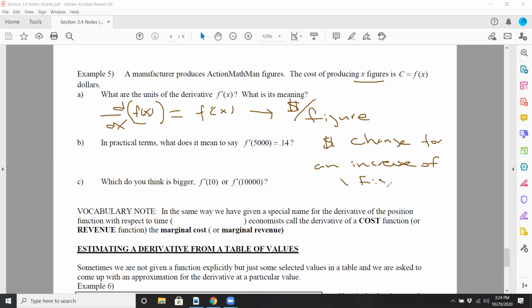So every time you increase your figure by 1, it's going to be the dollar change associated with that. So in this case, what this means is that if you produce 5,000 figures, the cost per figure is 14 cents.